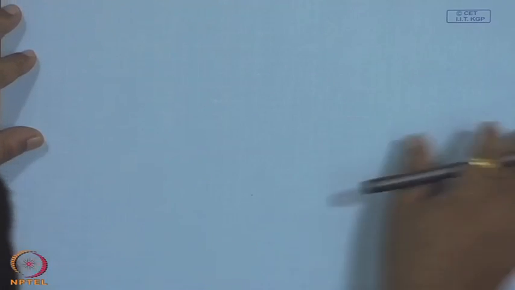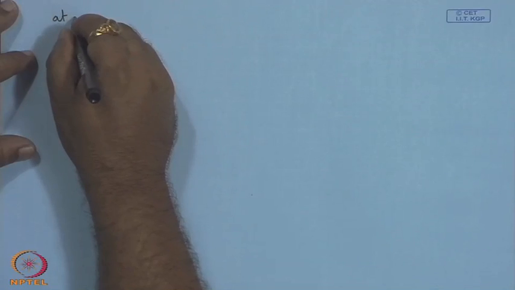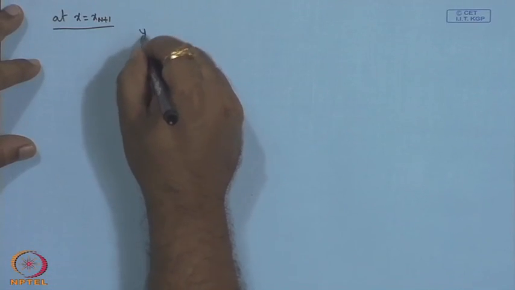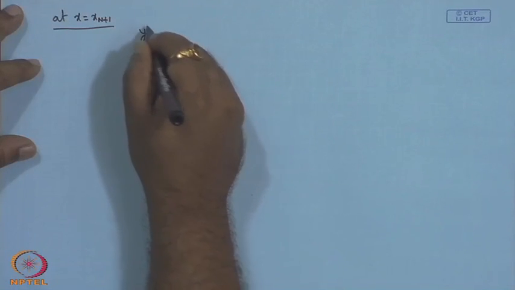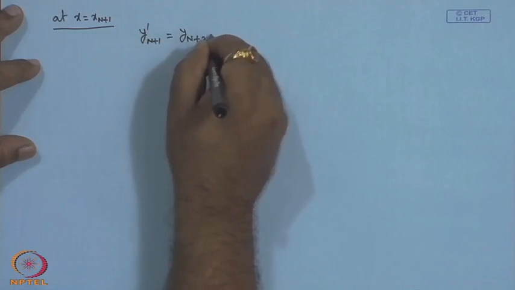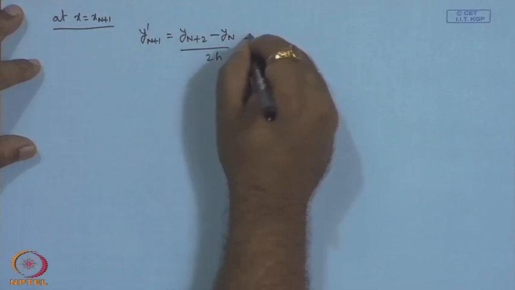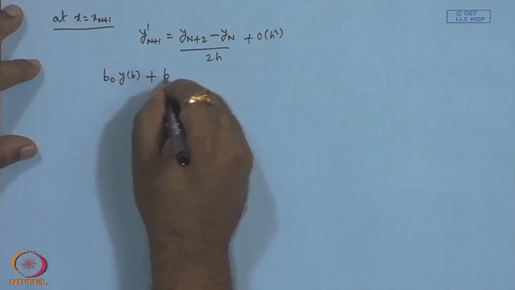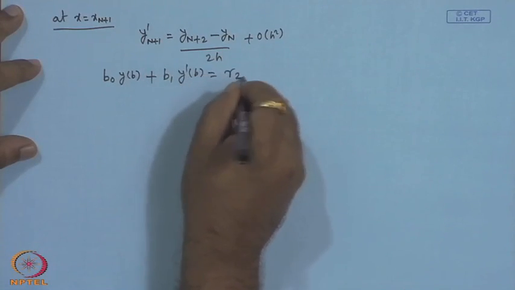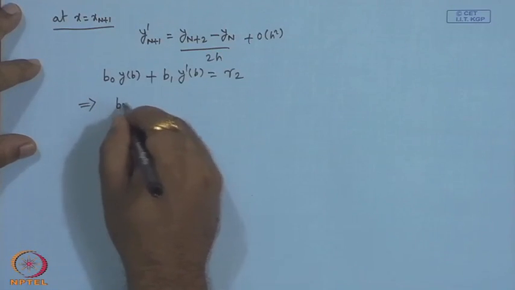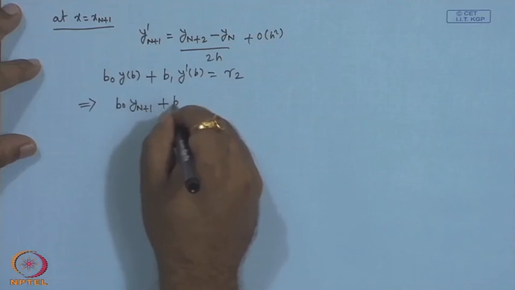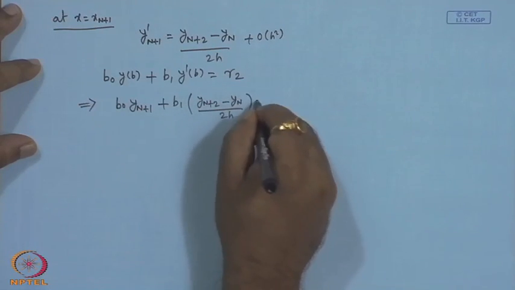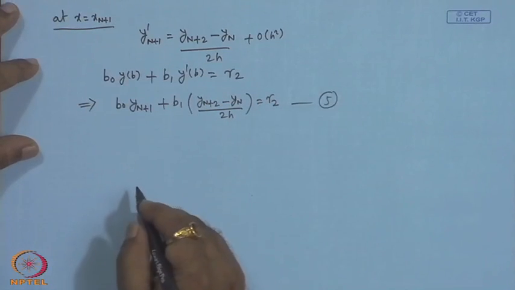Before we do anything, similarly at the other end point, x equals b, we get b 0 y n plus 1 and so on.